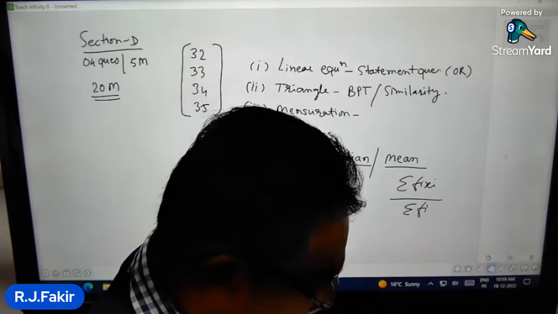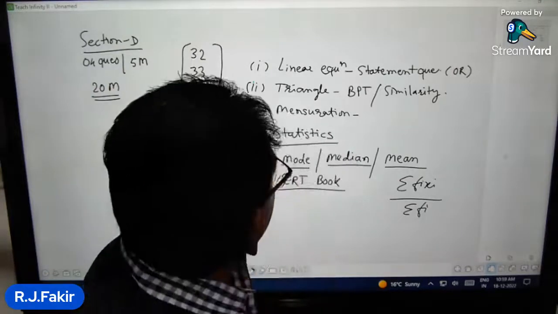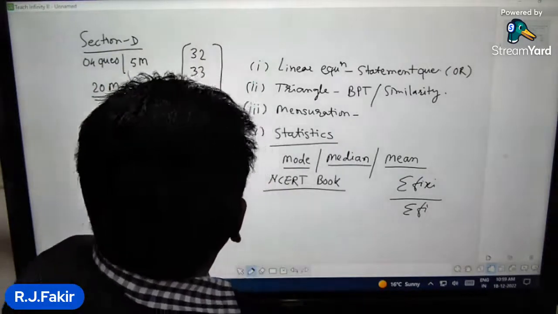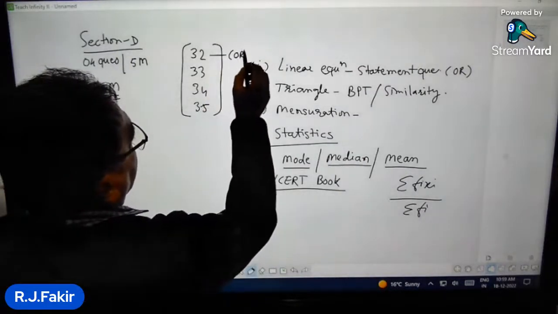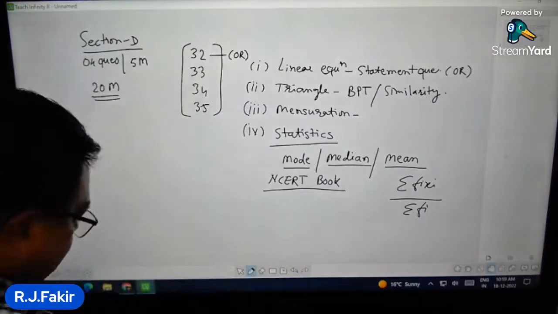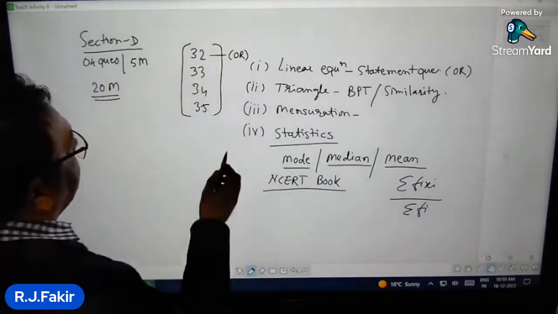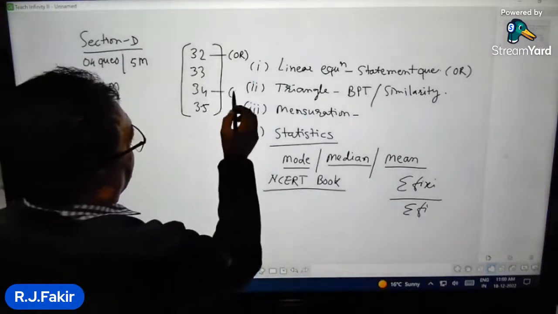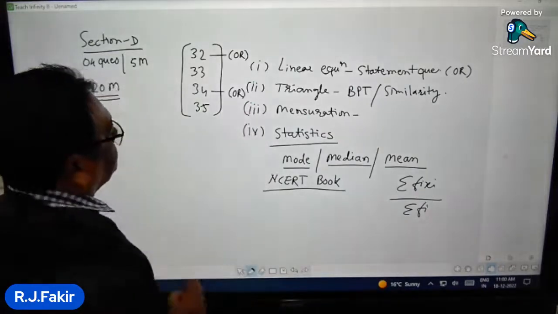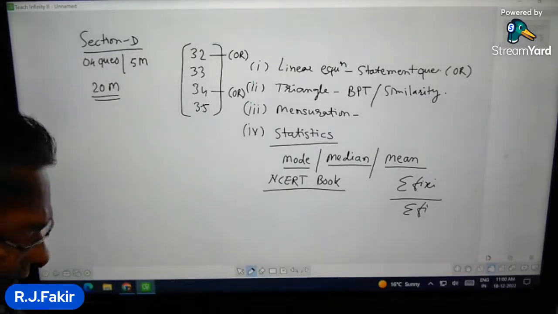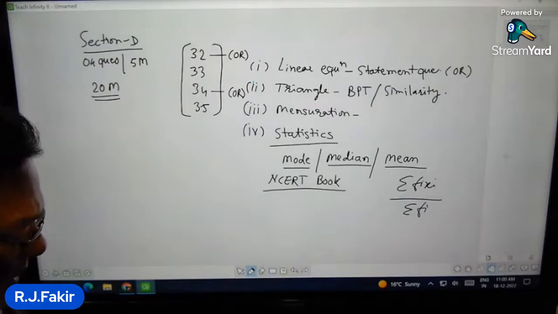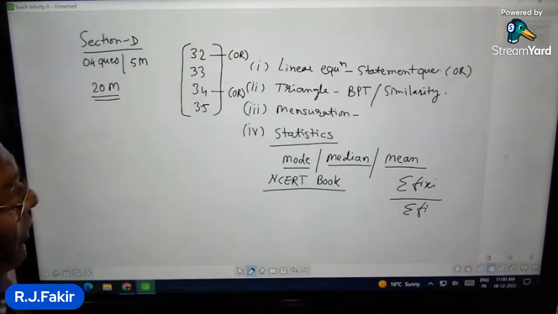And yes, you will be getting a choice in question 32, and another choice in question number 34. So these two questions, 32 and 34, will have the choice. It's your choice.